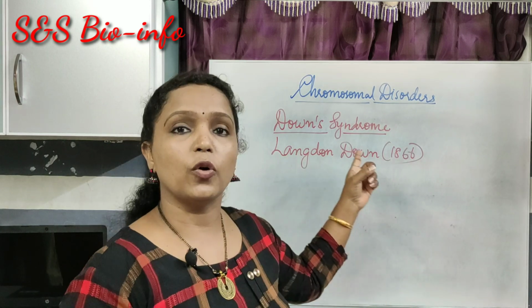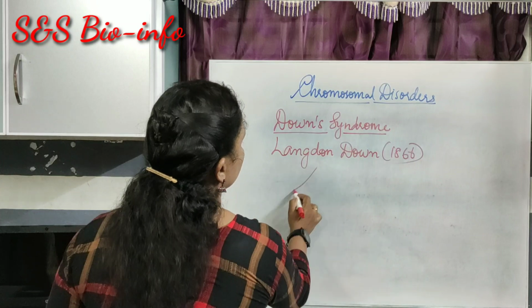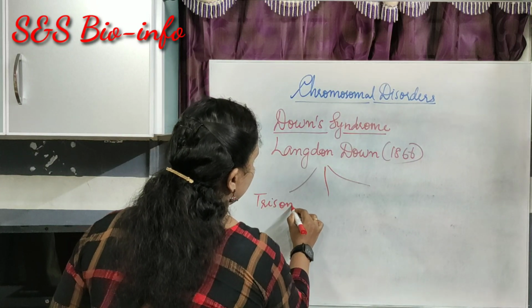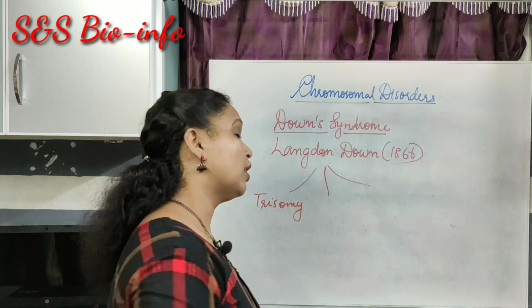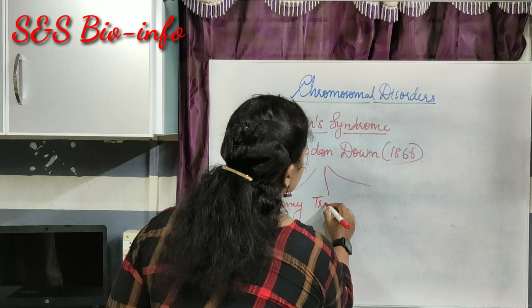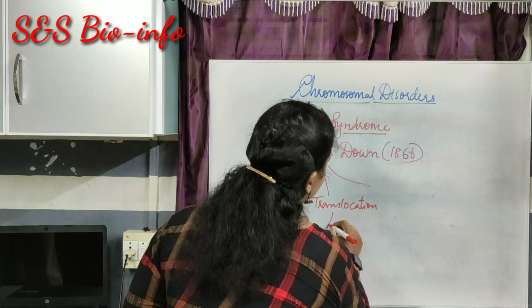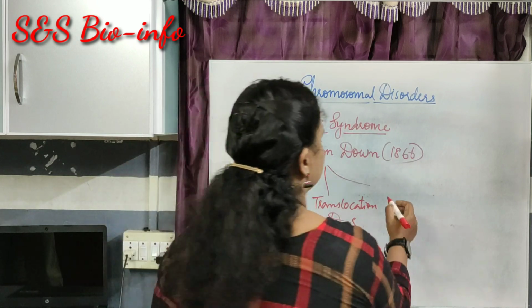This Down syndrome is of three types. Those are trisomy, first kind trisomy, second one translocation Down syndrome, and third case mosaicism.